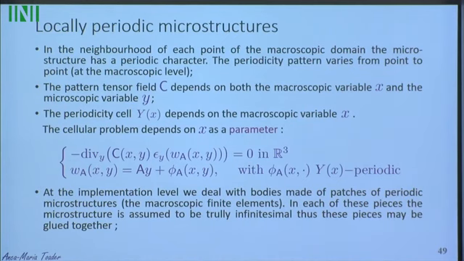And let us go now to locally periodic microstructure, because our main objective is to make the macro-micro link. I shall not go into details here. It's just to say that the cellular problem, when we have local periodicity, would depend on two variables, the x variable, which is the macroscopic one, and the y variable, which is the variable in the cell.